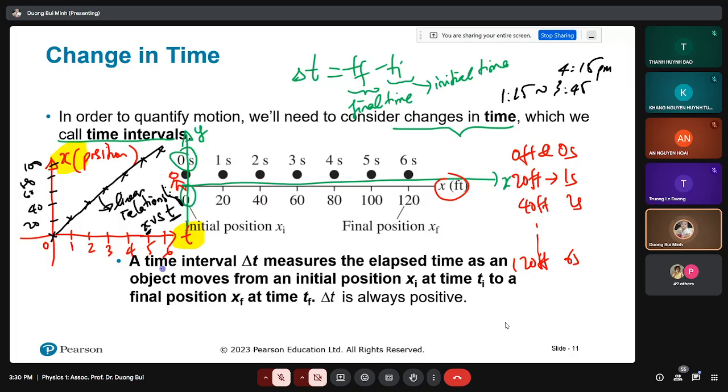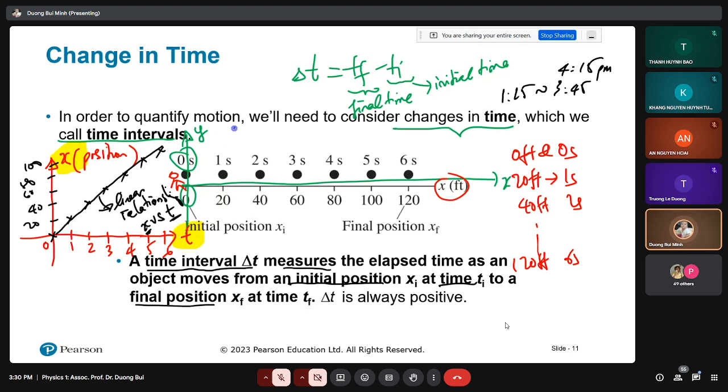Look, our time interval delta t measures the elapsed time as an object moves from an initial position xi at the time ti to the final position xf at the time tf.